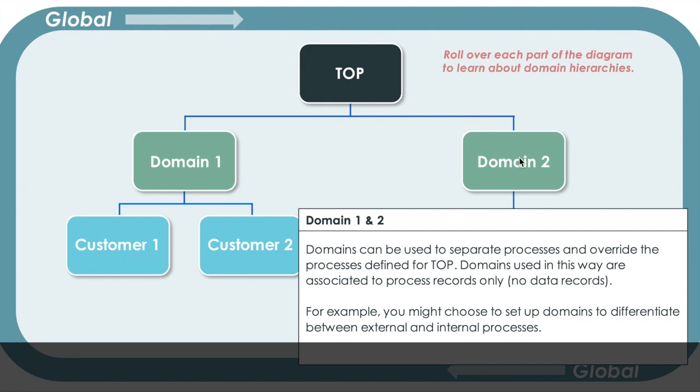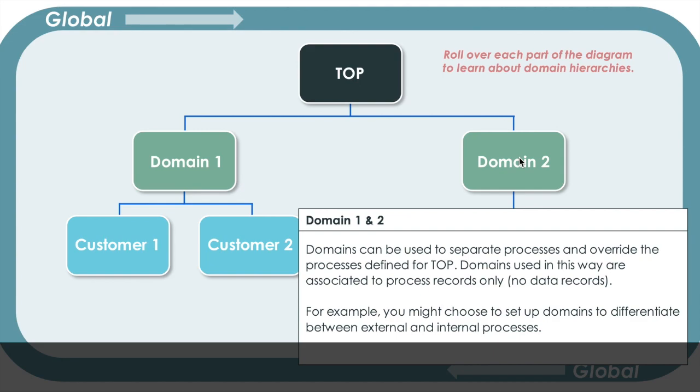A good example: you might choose to set up a domain to differentiate between external and internal processes. Like I said, you may have an internal employee and an external employee, both of whom access a service catalog where they can order, let's say, a laptop. You have an internal employee and a contract employee, and you want to give laptops to those employees.